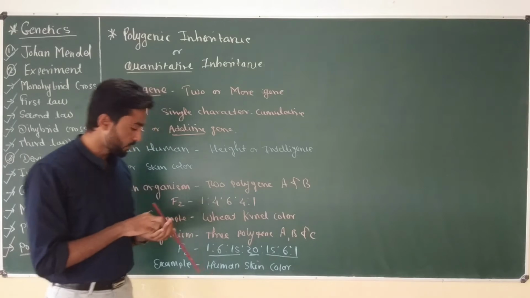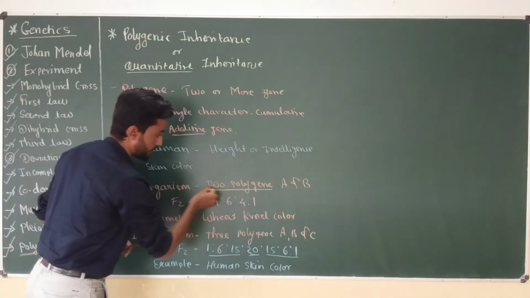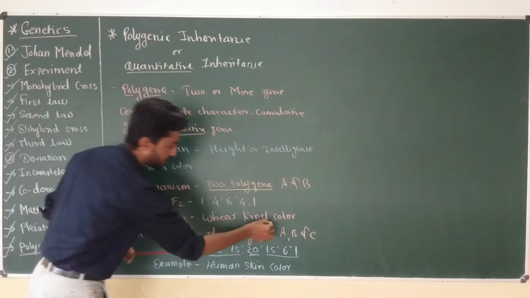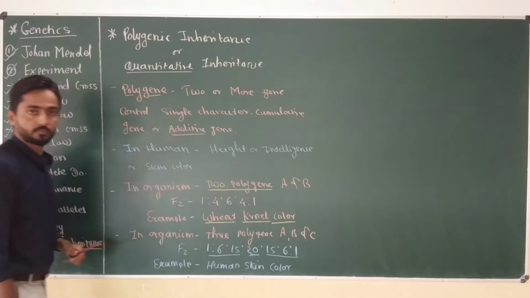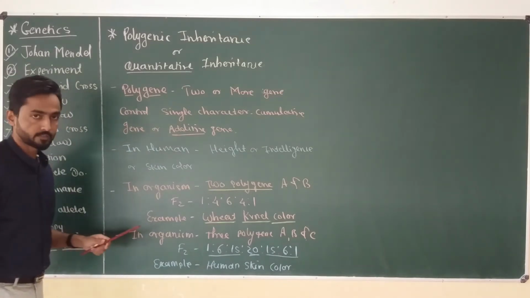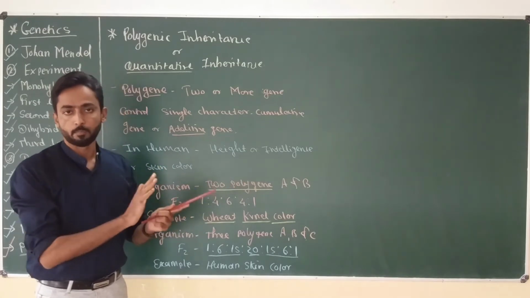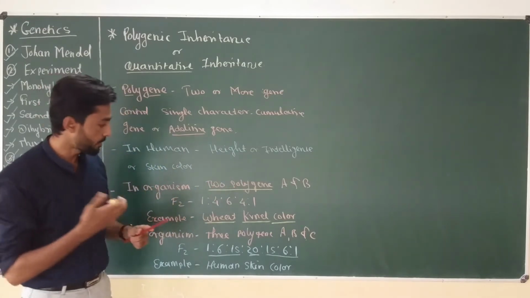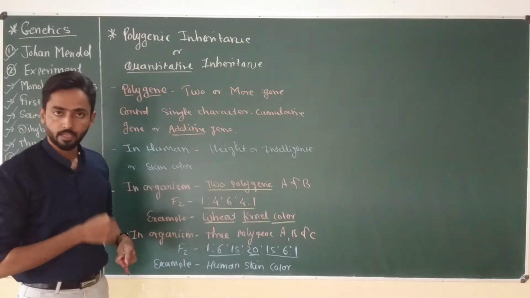Now in this video I am going to focus on a two-polygene example, that is wheat kernel color. I am going to discuss how exactly the kernel color is inherited from parent to progeny, and how we are going to get this ratio 1:4:6:4:1.